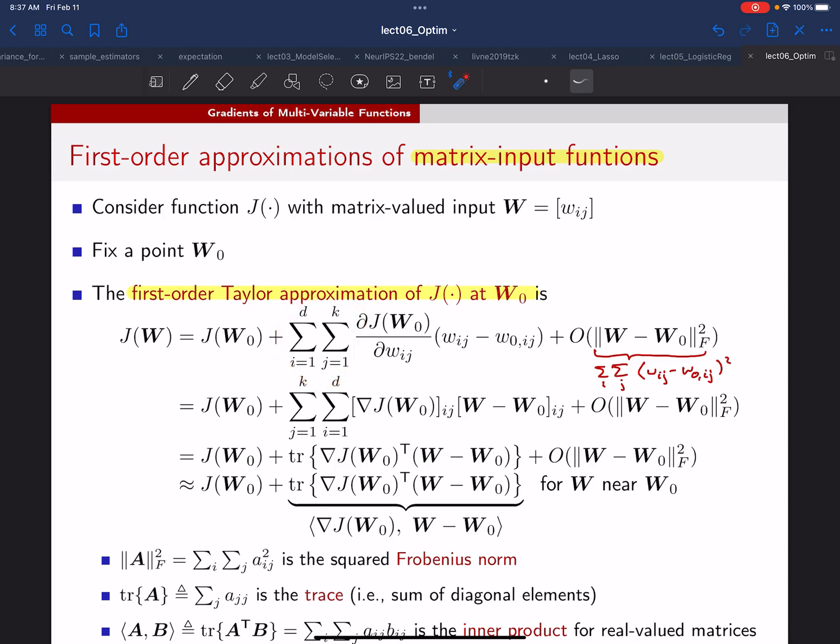Now we would like again to write this in a way that allows us to make a comparison to what we did before. First, we want to write this middle term in terms of just matrices, no summations. What we can first notice is that this term is the ijth component of the gradient matrix, and this term is the ijth component of this difference matrix.